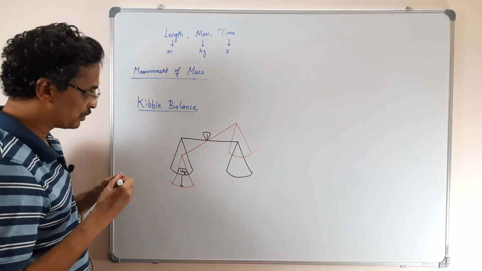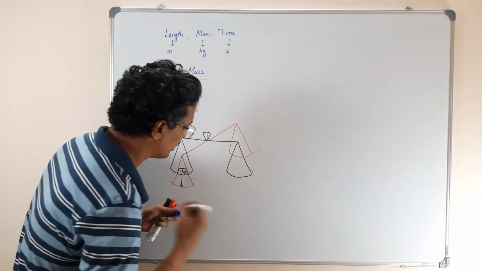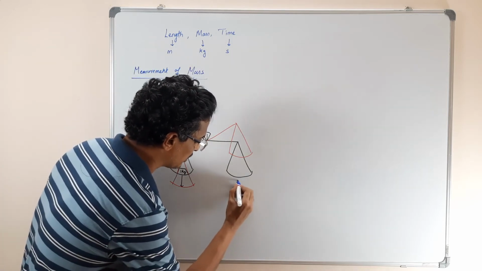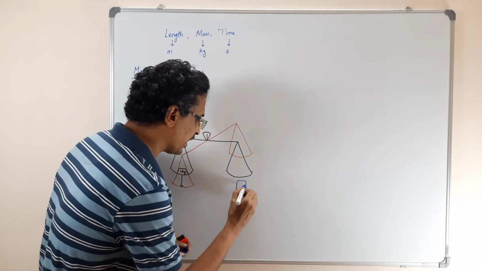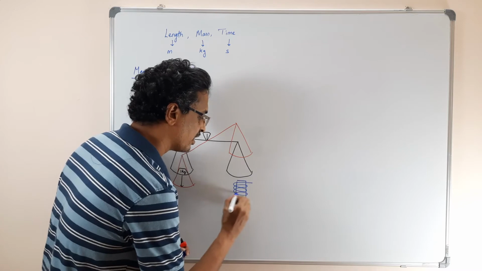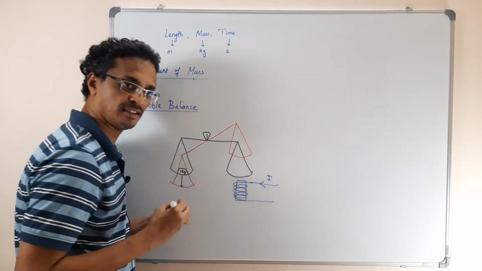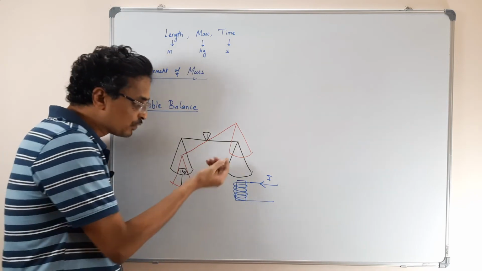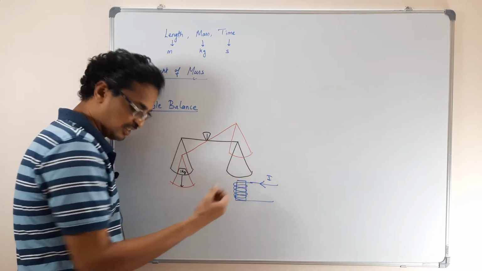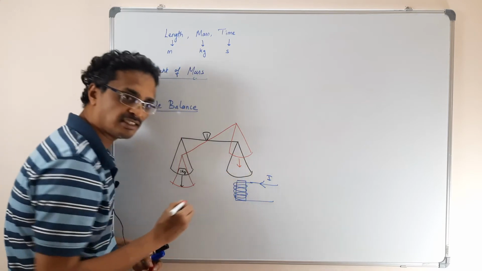Now what am I going to do? I will keep a magnet here. Not a normal magnet, I am going to keep an electromagnet and pass a current. If I keep increasing the current, this is going to attract this pan, so this pan will start moving down because of the attraction.